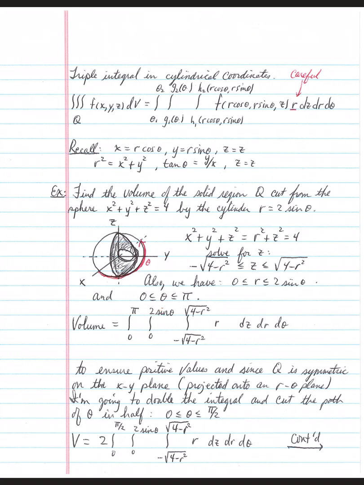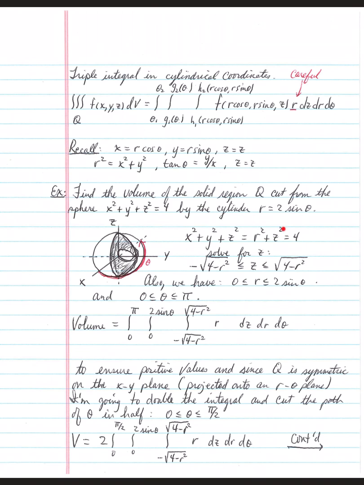Our sphere is equal to 4, but due to this conversion, we can change x squared plus y squared to r squared, and that'll give us r squared plus z squared equals 4. Solving for z, because that's the only integral we haven't set limits for, subtract r squared, you get 4 minus r squared.